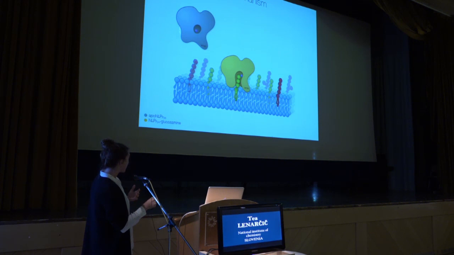So again, apo form NLP protein and the bound form of NLP. So you can see the structural change and this tryptophan residue that helps anchoring the NLP protein. But what we can see here is that this sugar head group is just big enough for this protein to embrace.